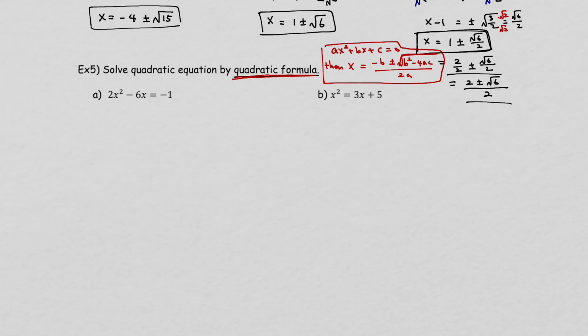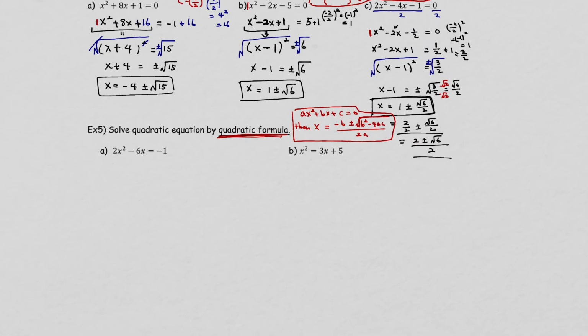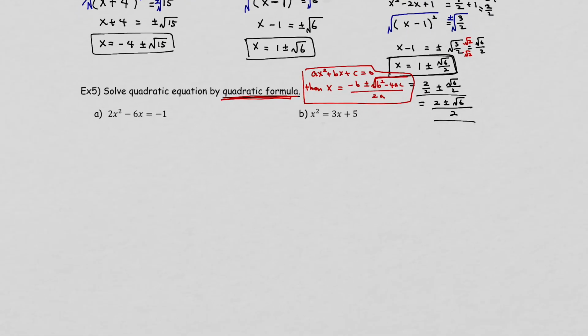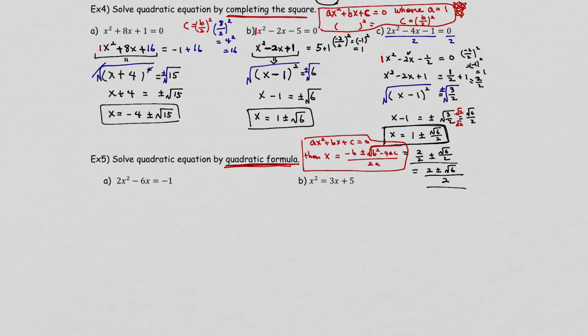Any time, right? So if it's not factorable, you can use either the quadratic formula or completing the square. If it's not factorable, these two should work anytime. So you need to know one or the other. But when we're graphing, we're going to use completing the square more.